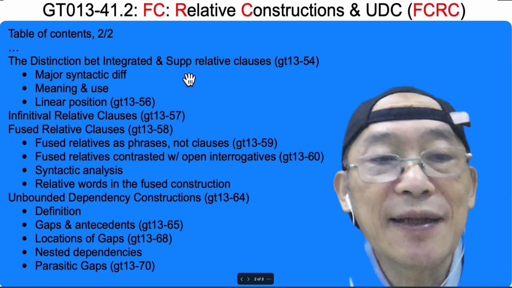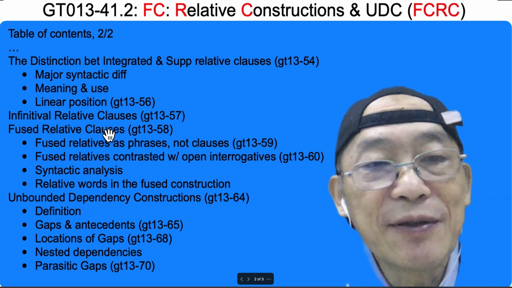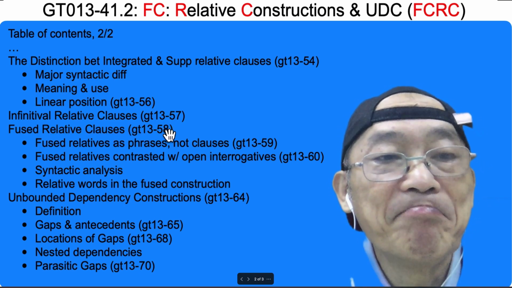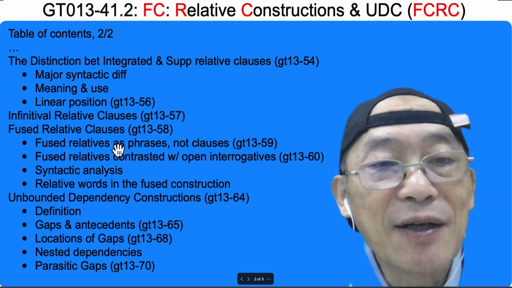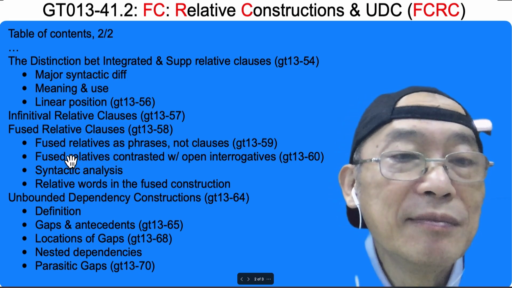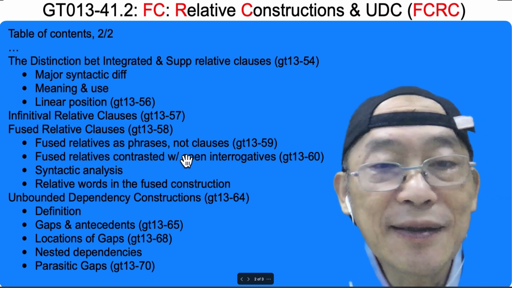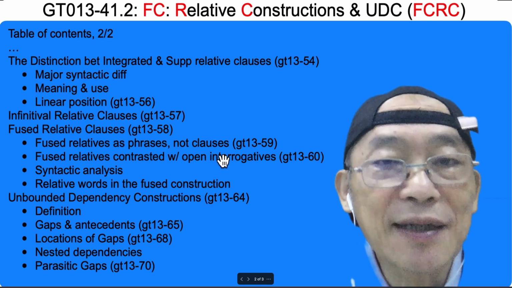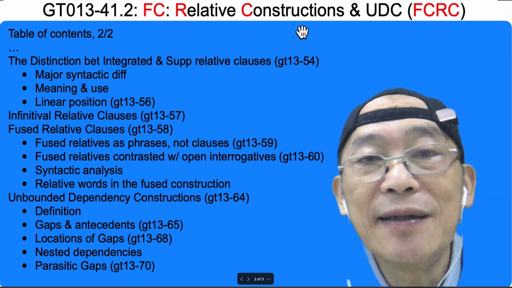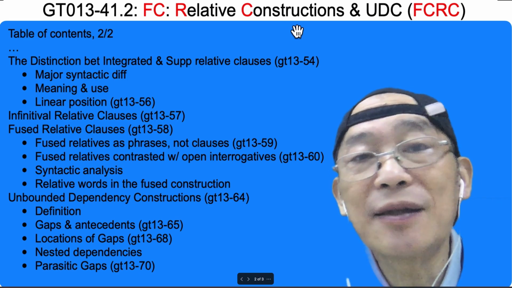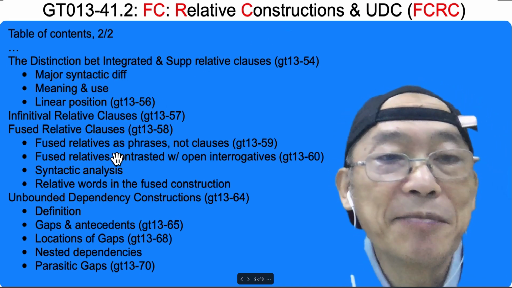Then infinitival relative clauses, and fused relative clauses, which are important. Fused relatives are phrases, not clauses. That's why we say constructions, because it contains clauses and phrases.